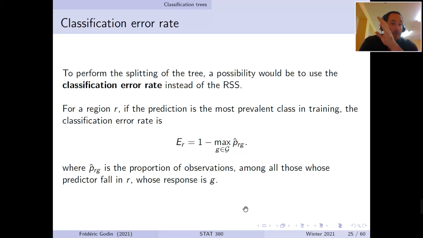Recall the response is qualitative, but the predictors can be quantitative. So we can find which predictor and which threshold we're going to use to make our segmentation so as to minimize the error rate in the combined two subsections of the original region.